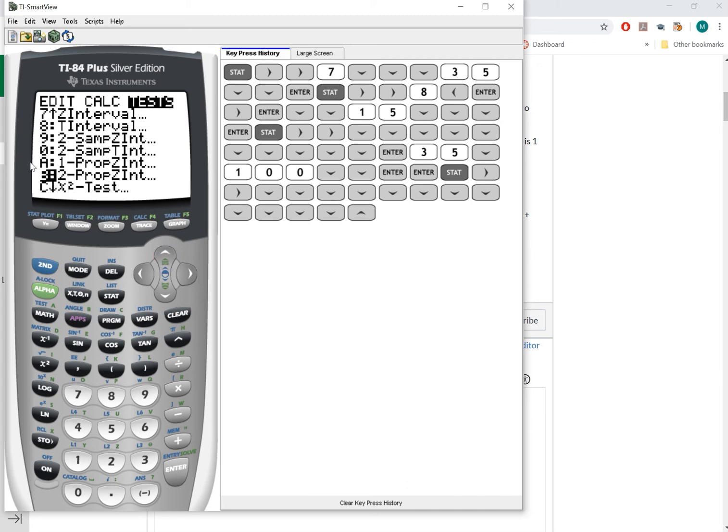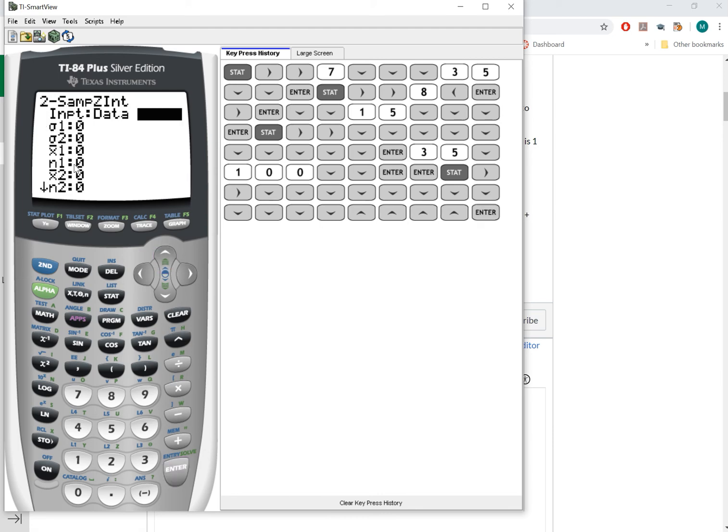So I'll show you the 2-SampZInt. Notice again, sigma 1, sigma 2, the standard deviation for population 1 and the standard deviation for population 2. And then they ask you for the mean for each and a sample size for each. And then it's the same thing, you just select your confidence level and hit calculate.